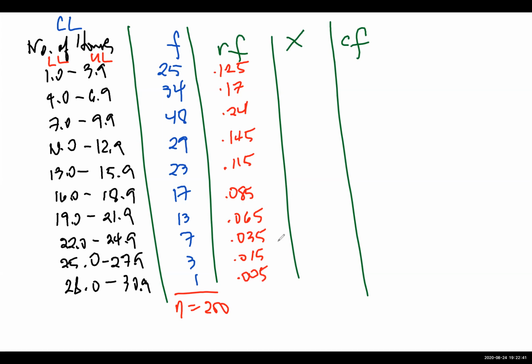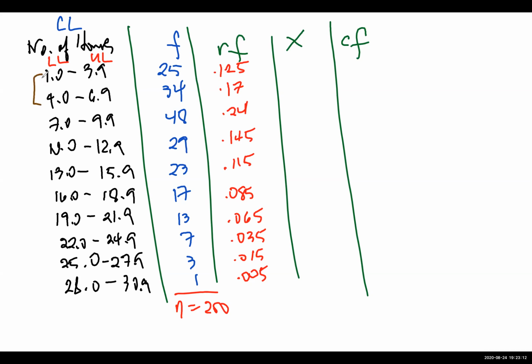Okay, so these are your relative frequencies. Next one, X, or class midpoint. How do we get the class midpoints? You add the lower limit of the class and the lower limit of the next class and divide it by 2.